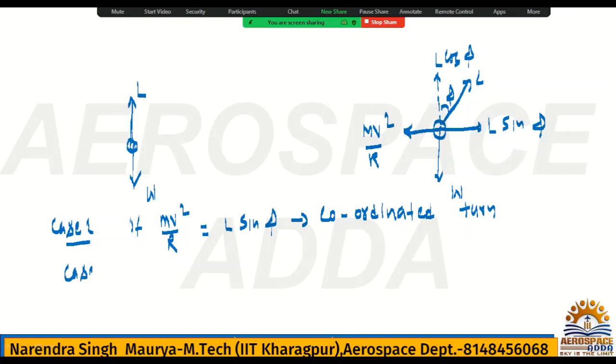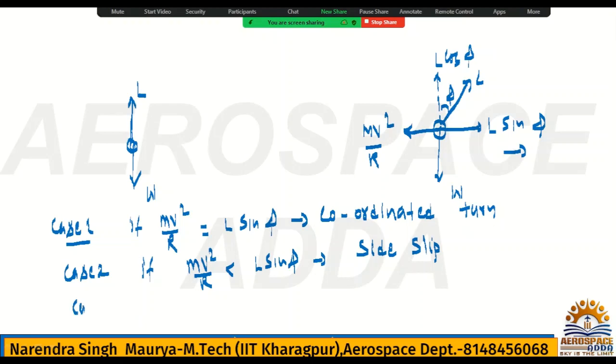Case 2. If mv square by r is less than L sin phi, then it is called side slip. Obviously, if this force is more, it will have a side slip. I mean that the aircraft will slip towards the L sin phi force.